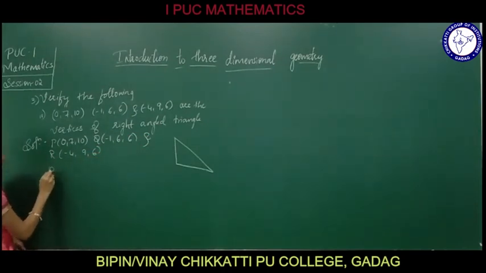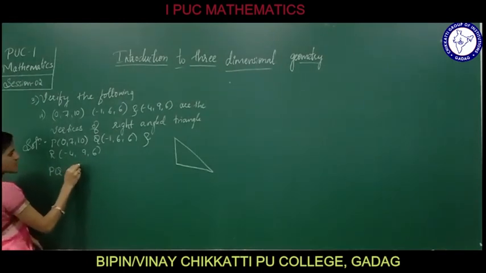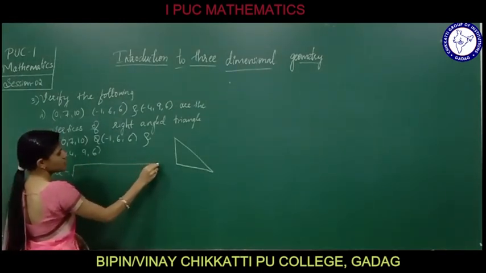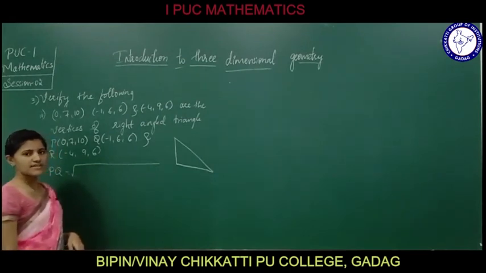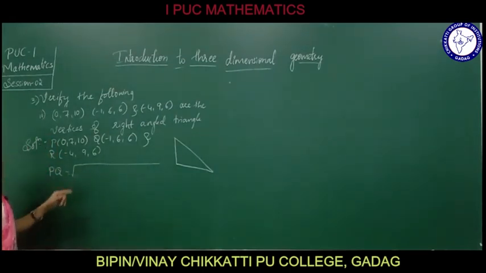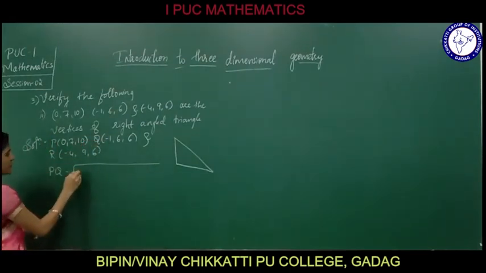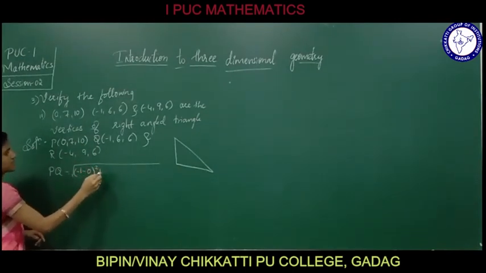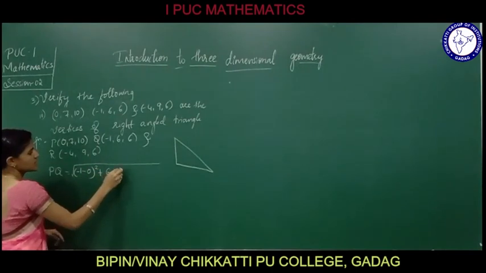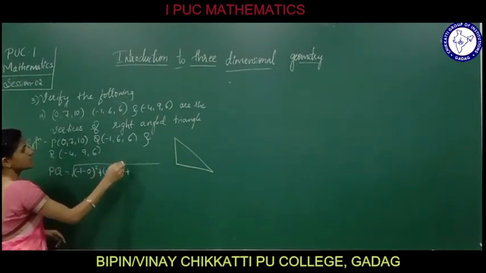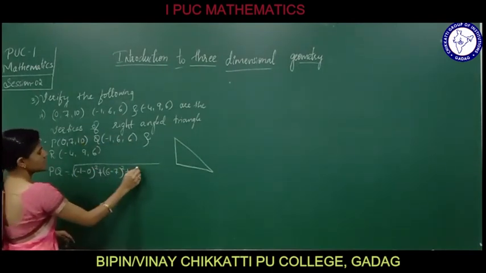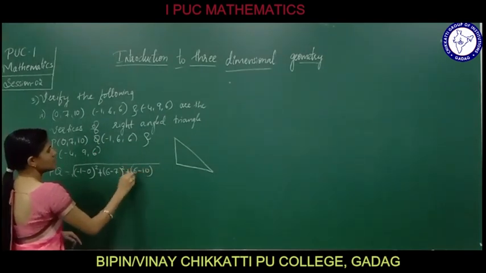How are we going to find the distance? We already have the formula: root of (x2 minus x1) whole square plus (y2 minus y1) whole square plus (z2 minus z1) whole square. For PQ, I have minus 1 minus 0 square plus 6 minus 7 square plus 6 minus 10 whole square.